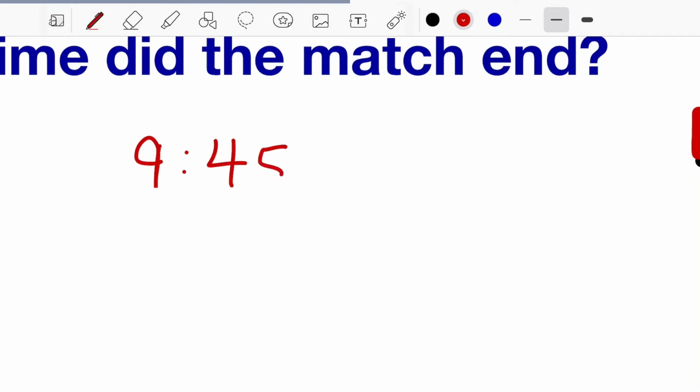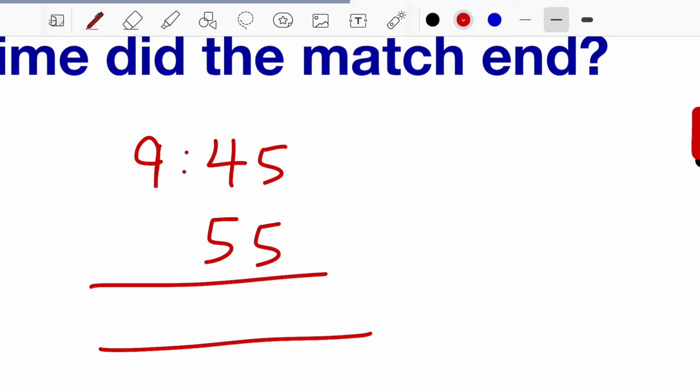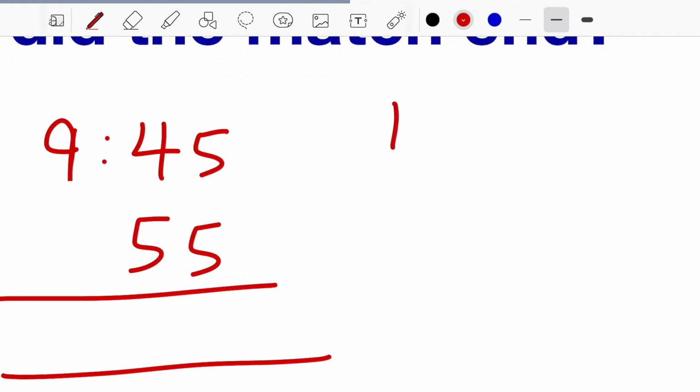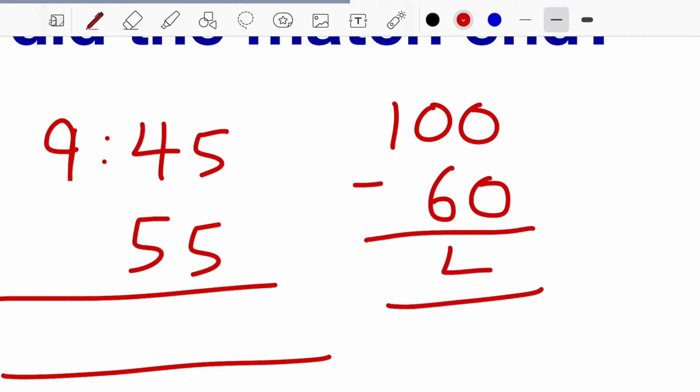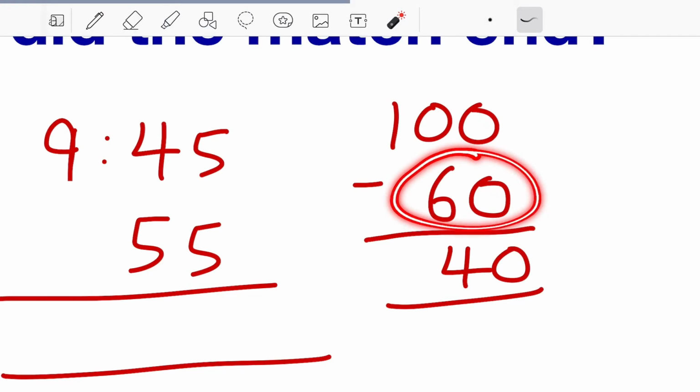So we are simply adding 9:45 and 55. We know that 45 plus 55, we can add that and we get 100. So we will subtract 60 from 100 in order to determine how many hours and minutes we have. That's 40 minutes, but for each 60 subtraction, it's 1 hour.